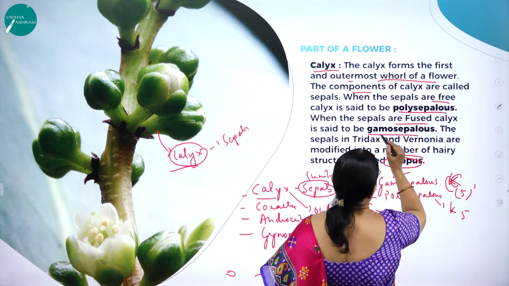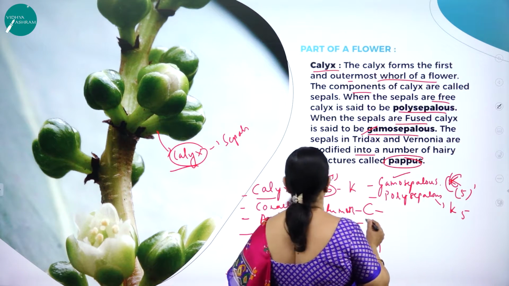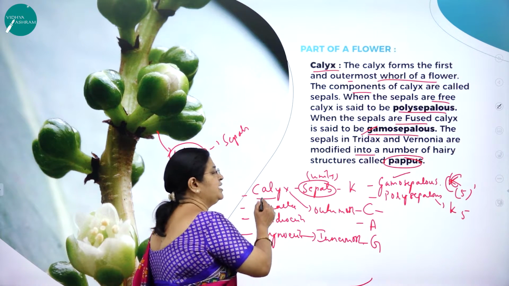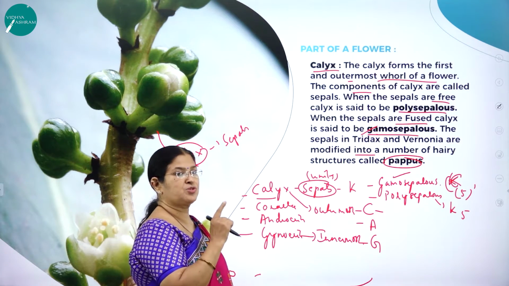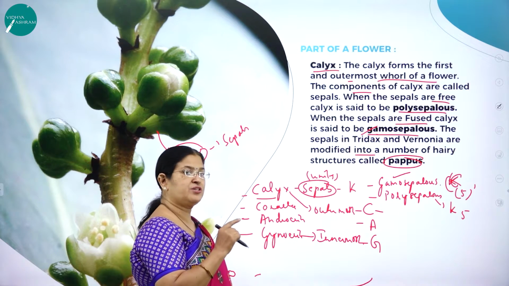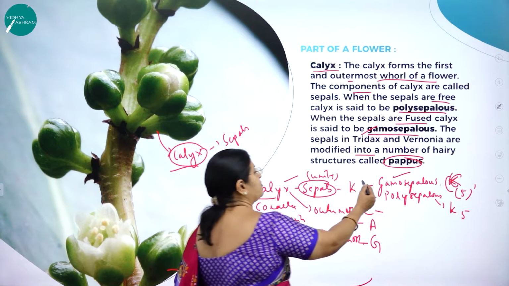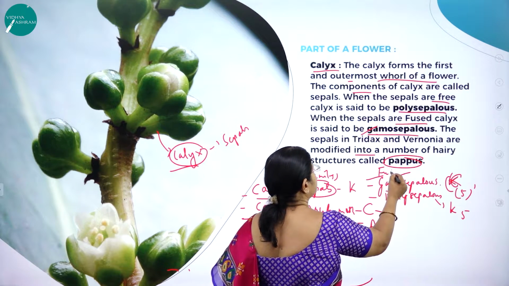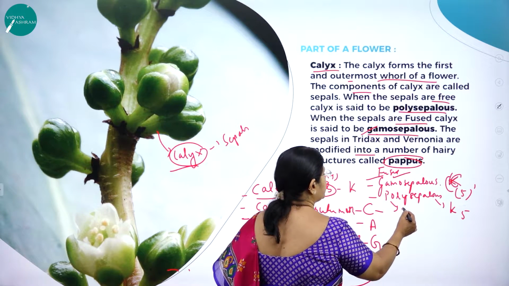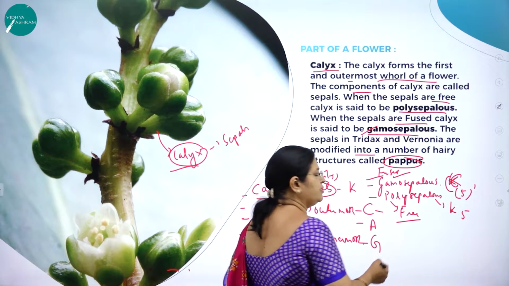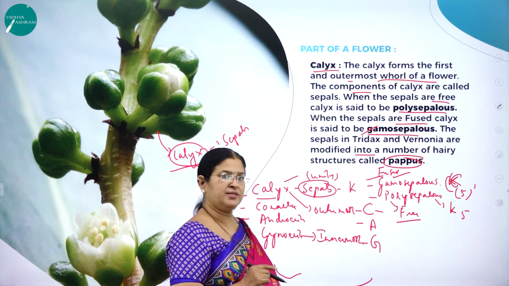When the sepals are fused, gamosepalous. So what is the symbol for calyx? What is calyx? Calyx is the outermost whorl of a flower, and the units of calyx are called sepals. When the sepals are fused, we use a word called gamosepalous. When the sepals are free, we use a word called polysepalous.